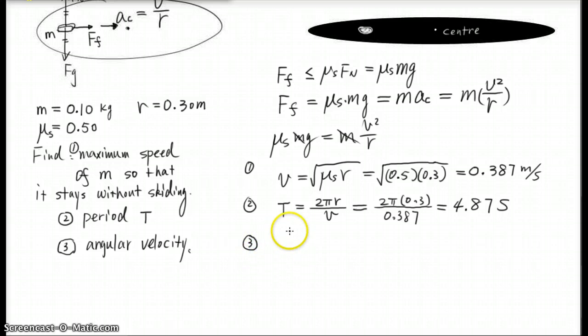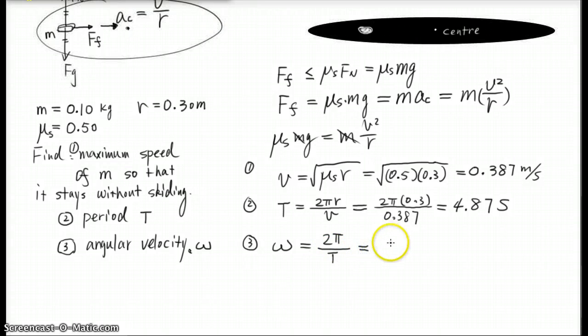Because we know it sweeps 2 pi over the time T, which is a period. So for the angular velocity, normally we use omega. So omega equals 2 pi, which is 360 degrees, that's the angle for a complete turn, divided by the time T, which is exactly the time it takes to finish one complete turn.